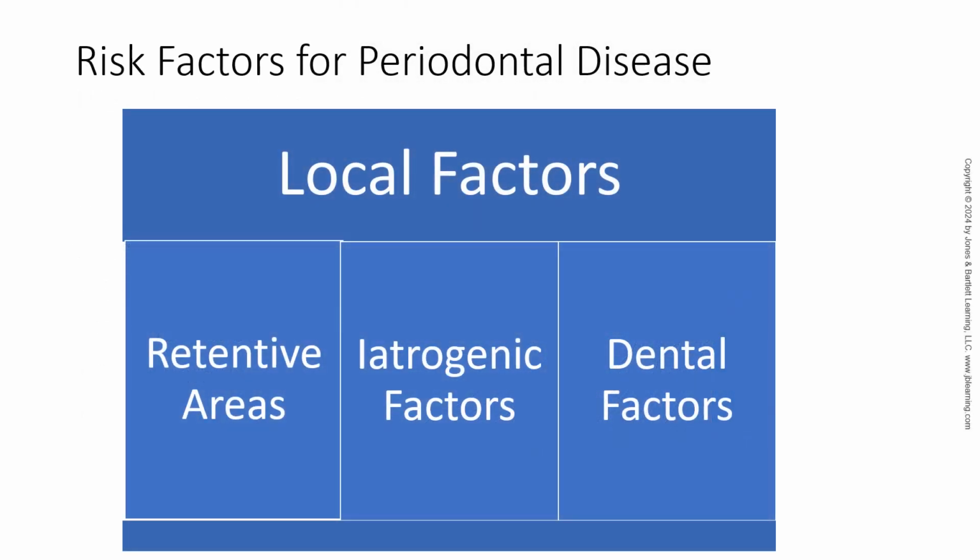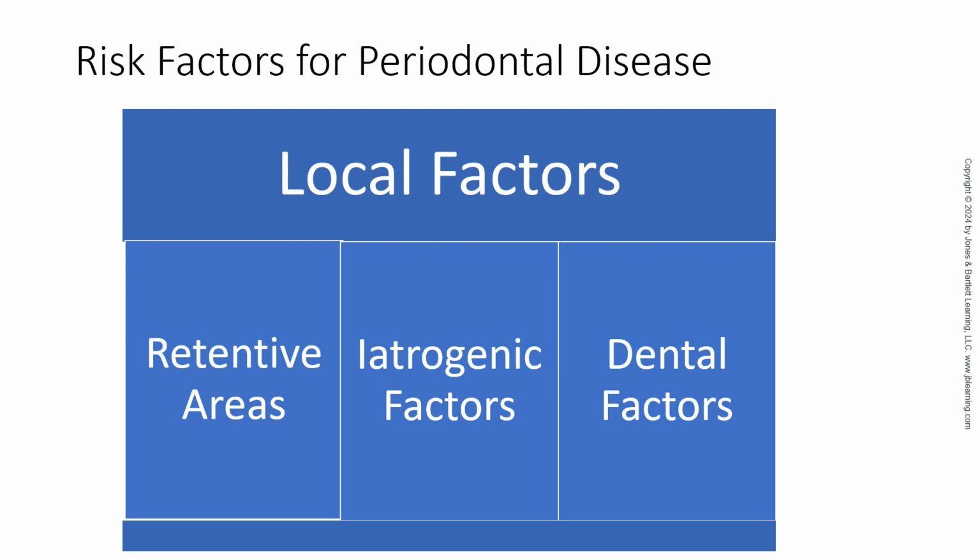Risk factors include retentive areas, iatrogenic factors, and dental factors. So retentive areas are going to be areas that tend to accumulate more plaque or hold and retain that dental plaque and biofilm. Iatrogenic factors are going to be things that we as dental professionals create, like maybe the dentist put a restoration in there that has an overhang and now is creating a plaque trap.